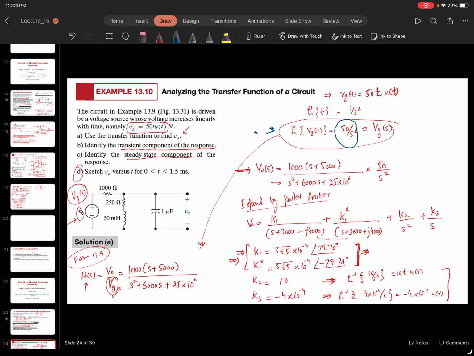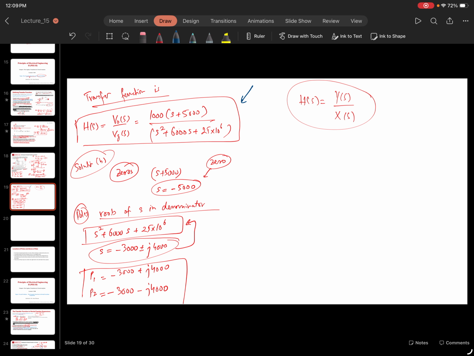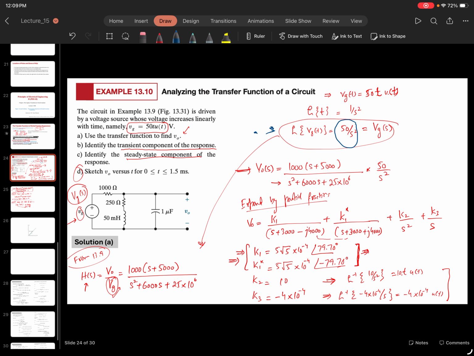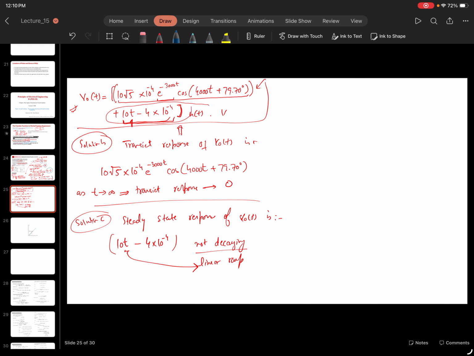So we can see that your steady state response, this s, where is it going? Here, this 50 over s square. And this is why this term was generating these partial fractions, and this term is generating these two inverse Laplace transforms, 10t and minus 4. So you can see that the steady state response is generated from the poles of the input, or Vg of s.